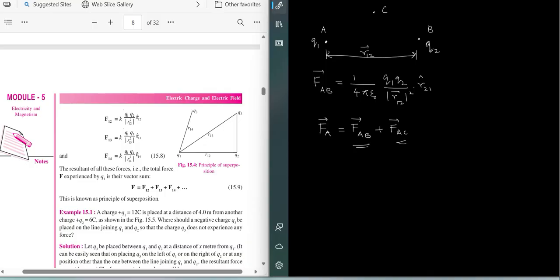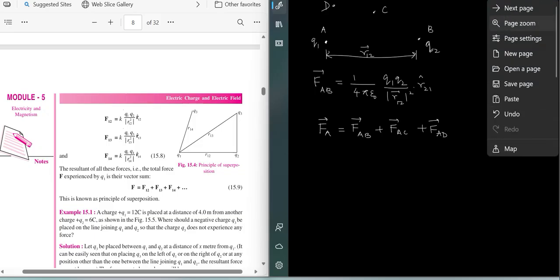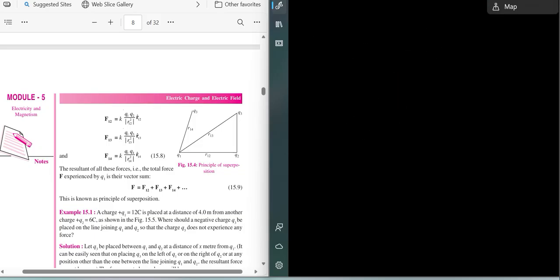Add these two vectorially. This will be the net force on charge A in the presence of two charges. Similarly, if there is one more charge D, then the force on A due to D is also vectorially added. Now, how do we add this? That's what we will learn, and then we will go to the next concept. Okay. The more you understand vector algebra, the easier it will be to understand these things.